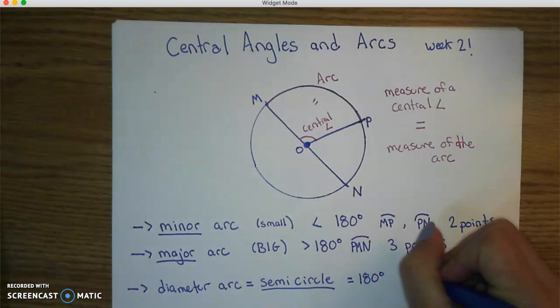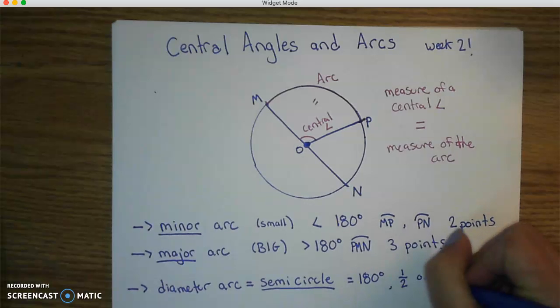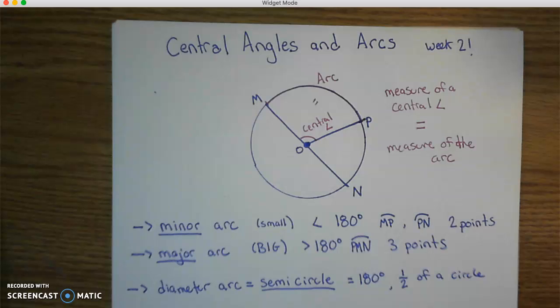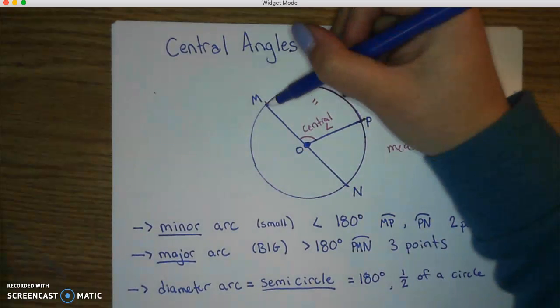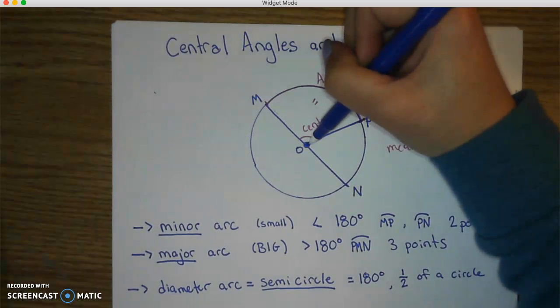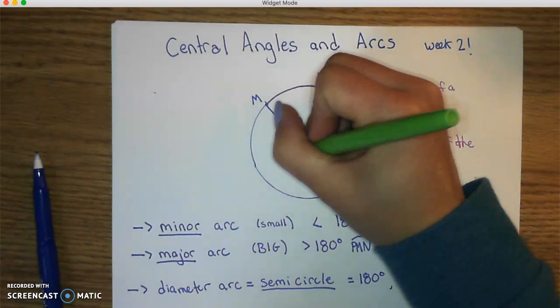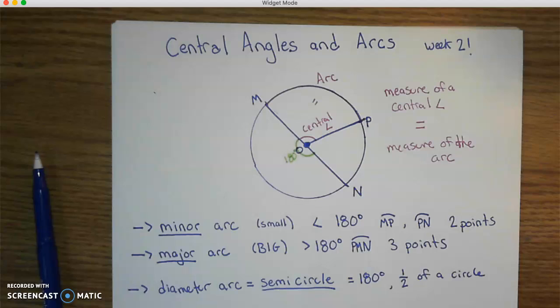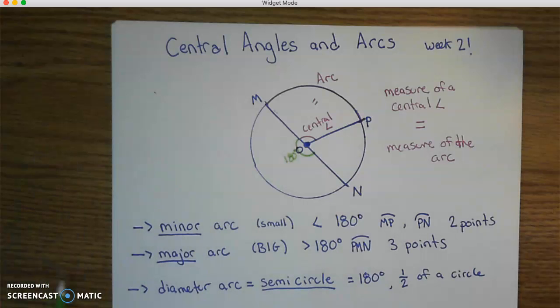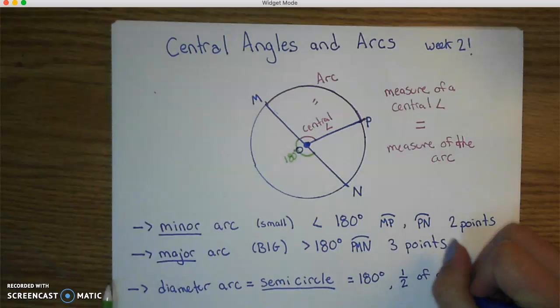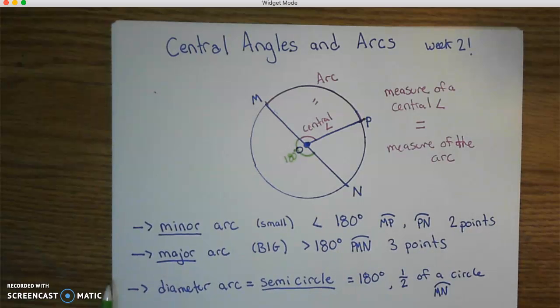It is 1/2 of a circle. And that's this line that goes through the center. That means that this arc on this side is 180 degrees. It's a diameter. And for a semicircle, we would just name it with 2 points, arc MN.